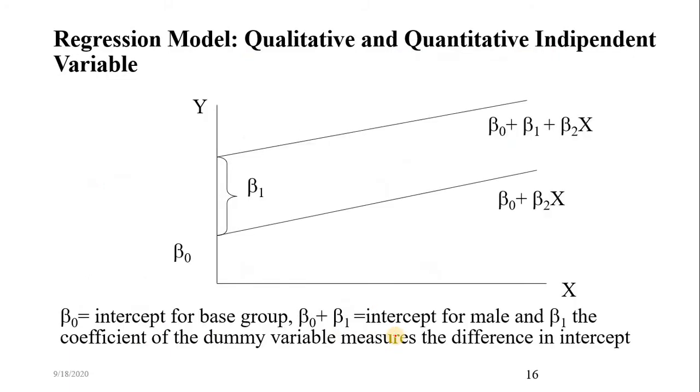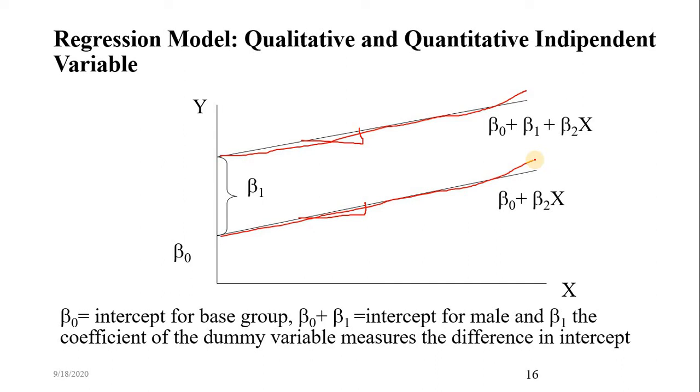In this model we are assuming that for both genders, male and female, only the average value will be different, but their slope coefficient will be the same. That means this is the slope of the regression line for male, and this is the slope for female. You can see that the slope is the same.